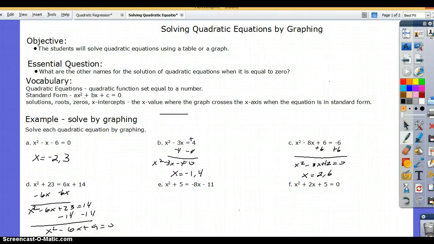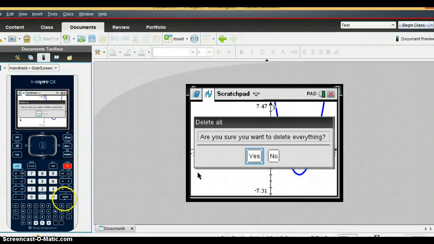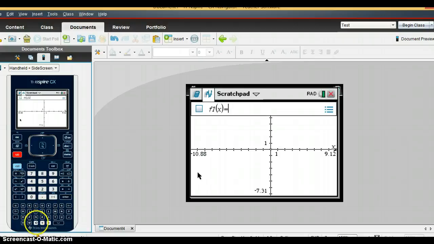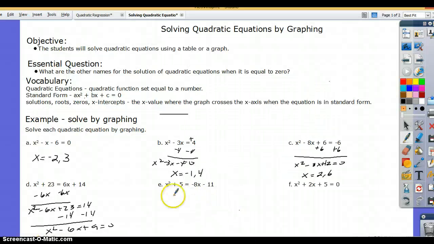So now we can put that in. So clear, tab, x squared minus 6x plus 9. Now this time you see that it only hits one time right here. So in this case there's only one answer to that problem. So this one is x equals 3 all by itself.